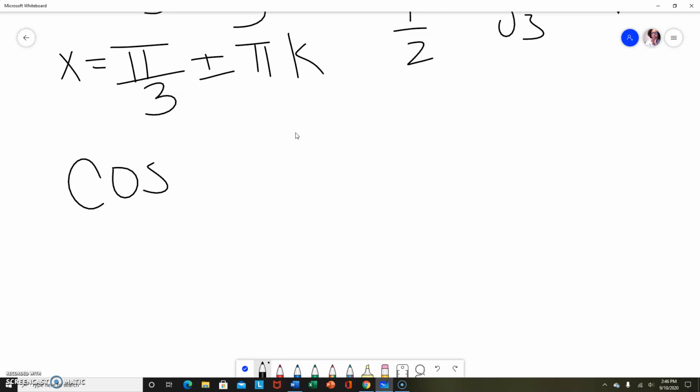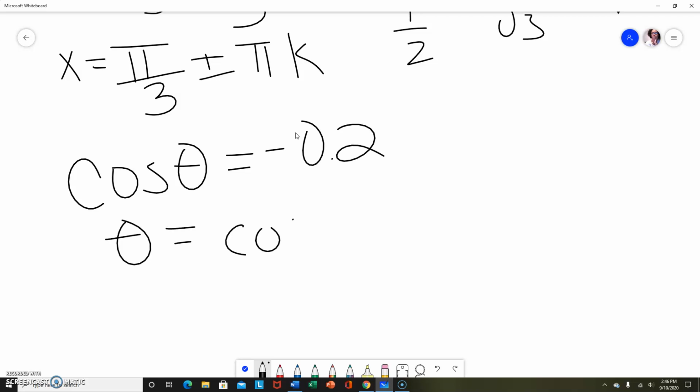Oh, that's not on the unit circle. So in order to find theta, I need to do the cosine inverse of negative 0.2. All right, so let's do that.